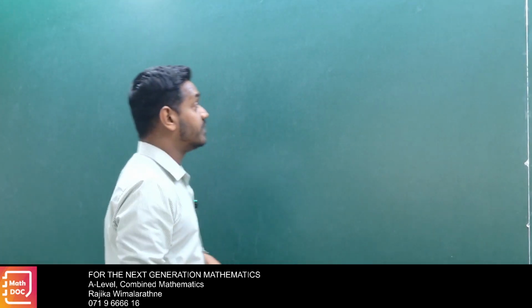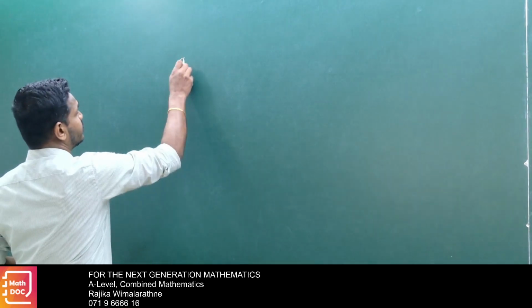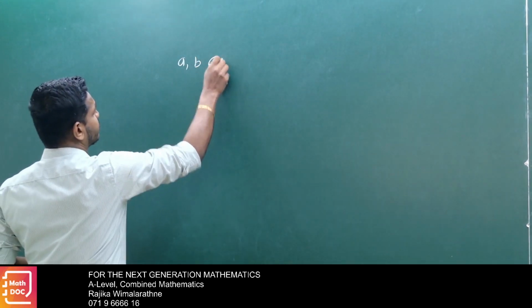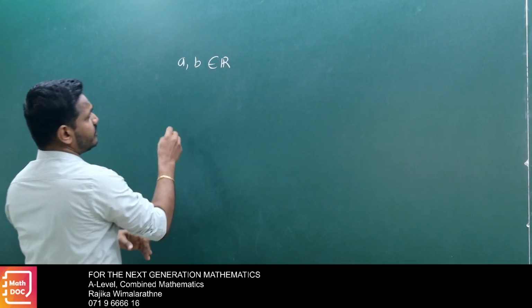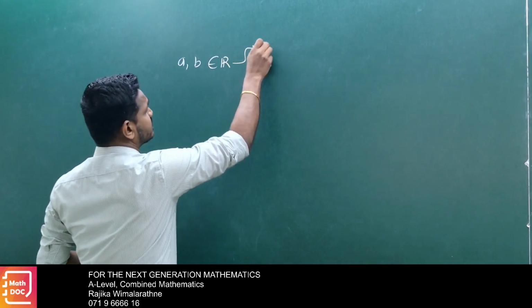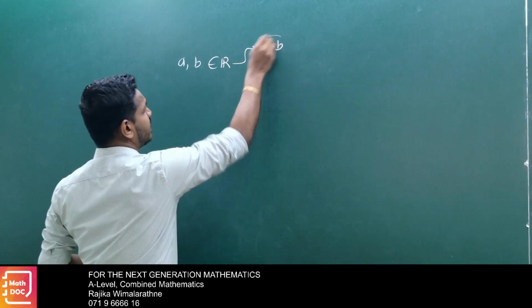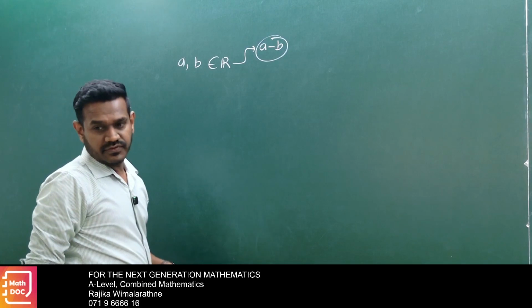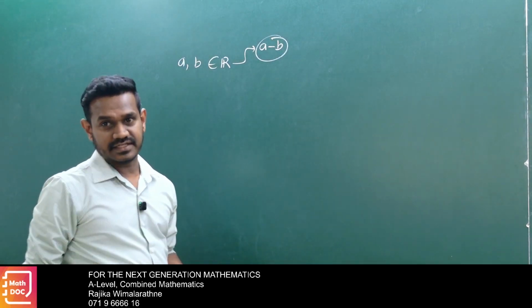Now, the basic concept. Consider two real numbers A and B. When you consider A minus B, we have three possible results.